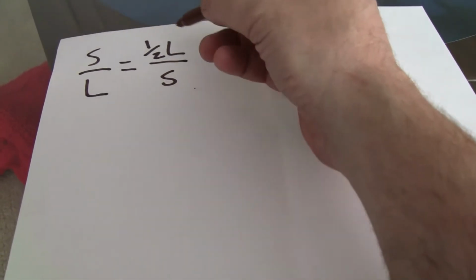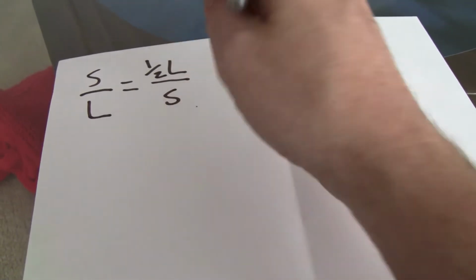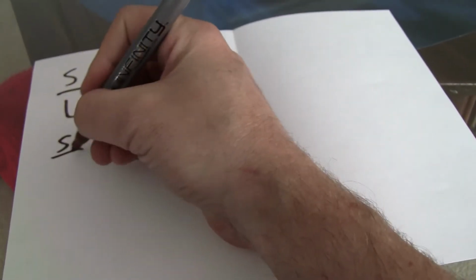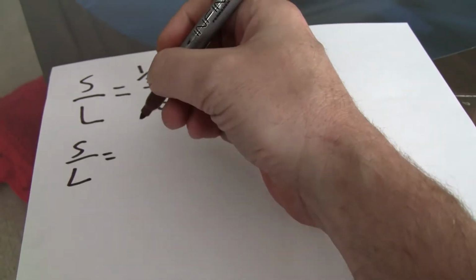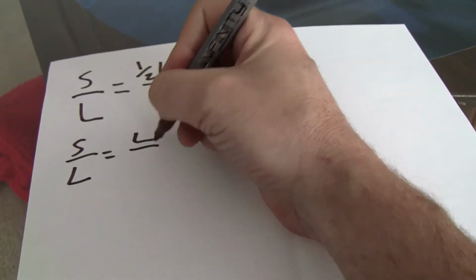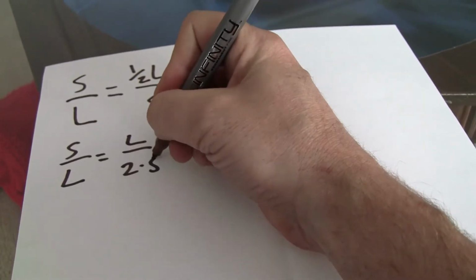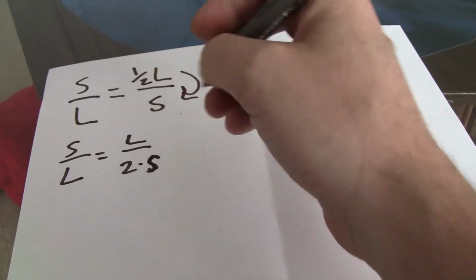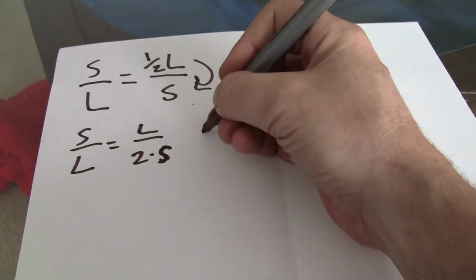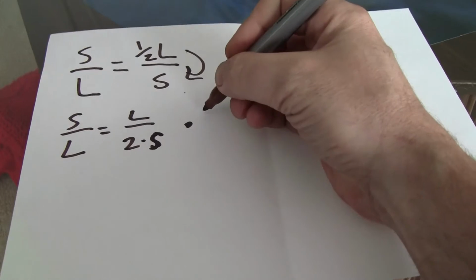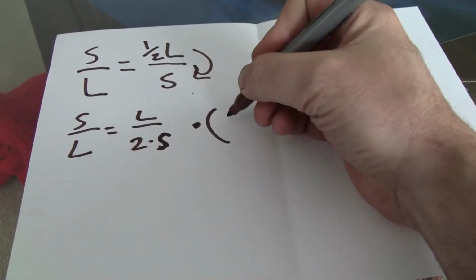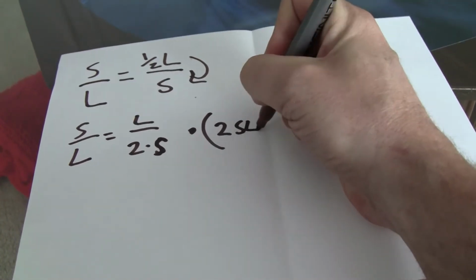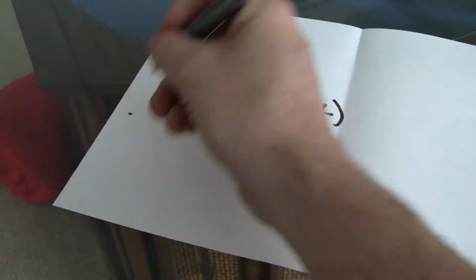First, we want to make this a better fraction by bringing that 1/2 down. So then we have S over L equals L over 2S, right? We just bring that 1/2 down. And then it's pretty simple. We can multiply both sides by 2SL, and that'll cancel this kind of stuff here.